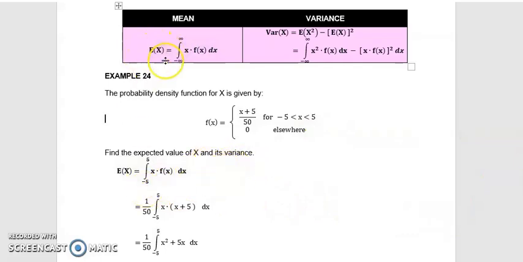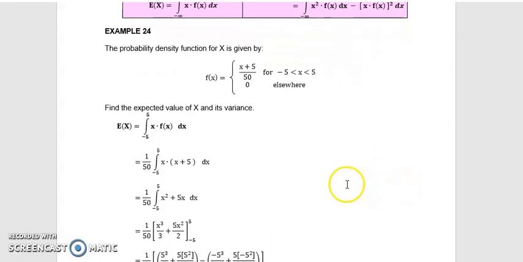So we know that the expected value of x is the integral from the lower to the upper limit of x multiplied by f(x) dx. So the expected value of x equals the integral from negative 5 to 5, based on this interval, of x multiplied by f(x) dx. In the second step, the 1 over 50 comes from the original function, where the constant over 50 can be taken out and written as 1 over 50.